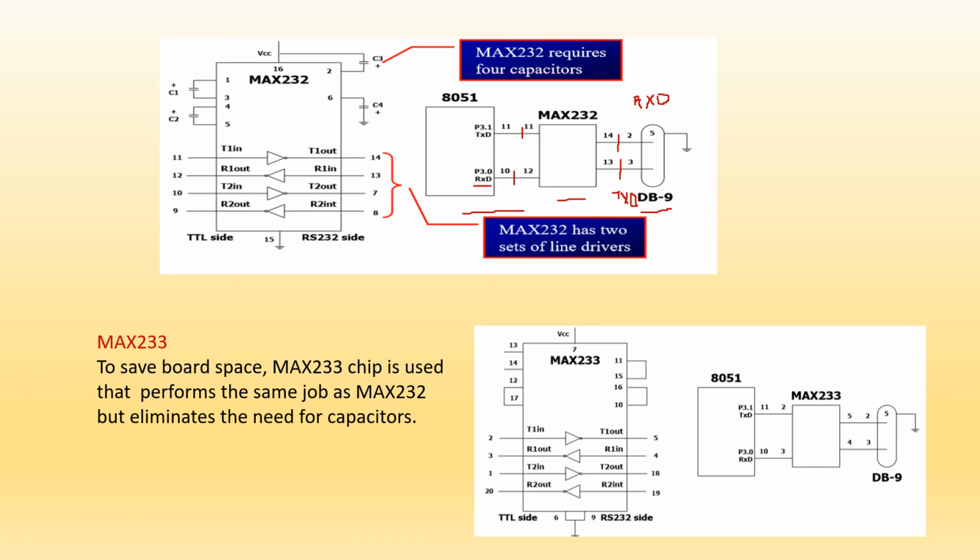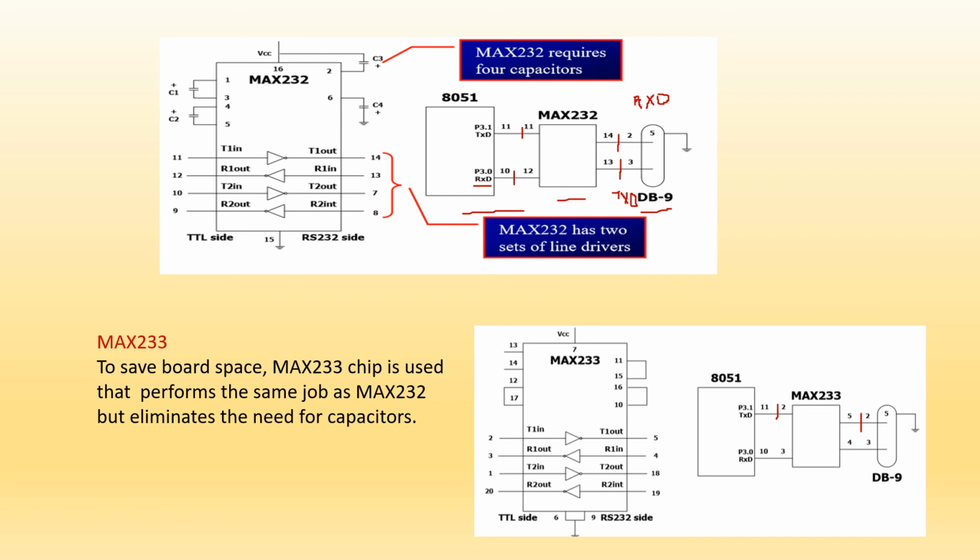The T1 input of MAX233 is connected to the TXD line of the AT51 microcontroller. The T1 out of MAX233 is connected to the RxD pin of the DB9 connector.